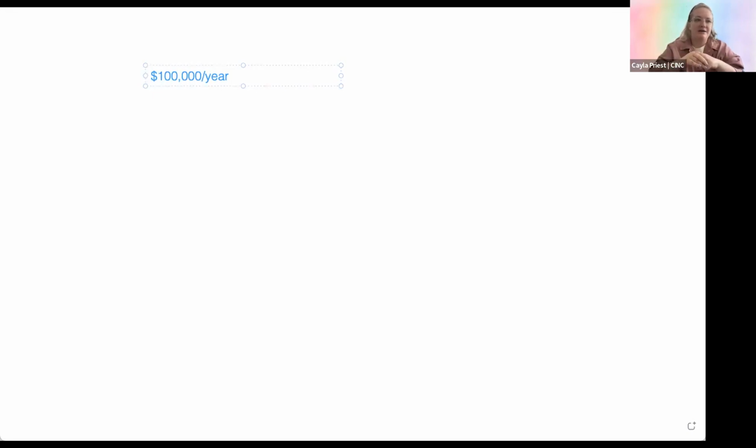Again, I'm using made up round numbers for this, but this is going to be even more powerful for you as agents if you are tracking your individual numbers and inputting them into this sort of formula. So if I say I'm going to make $100,000 a year, the next question I need to ask myself is, what's my average sale price per closing?